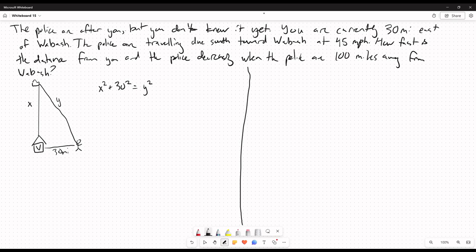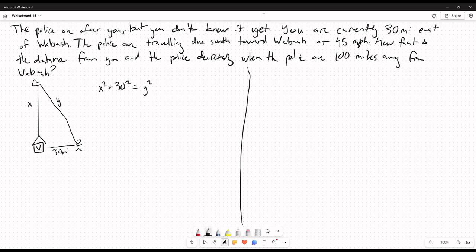So let's go ahead. The other thing we did is we took the derivative to get a formula not just relating the distance from the police to Wabash and from the police to me, but also relating those rates of change. We take the derivative of each side.